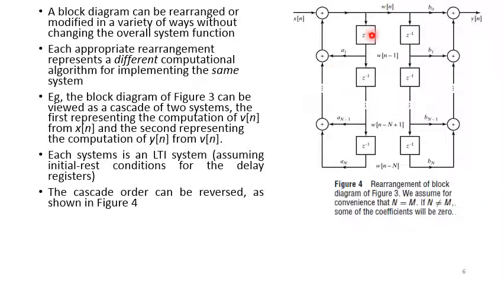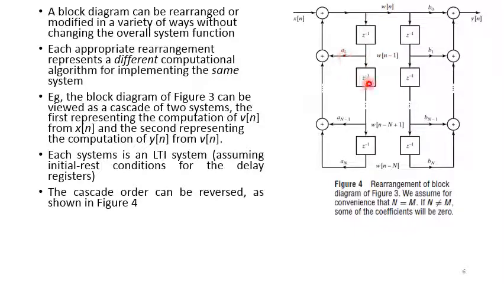Here we are again doing the same. Here we are finding w of n, and we are delaying w of n and multiplying each by some scalar. So at this point we have w of n minus 1, and we multiply it by a1.